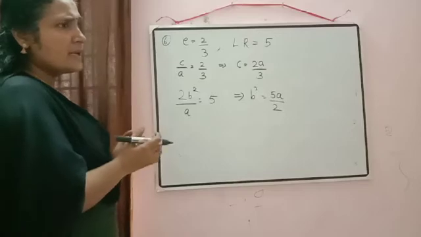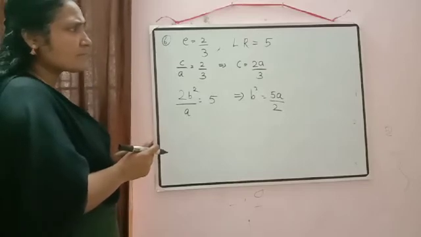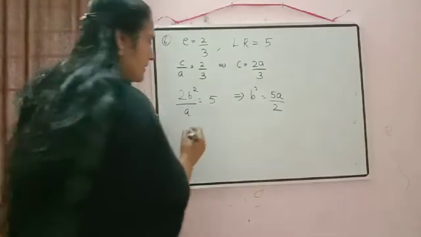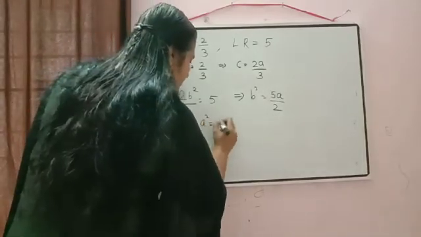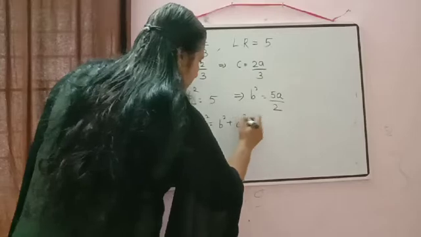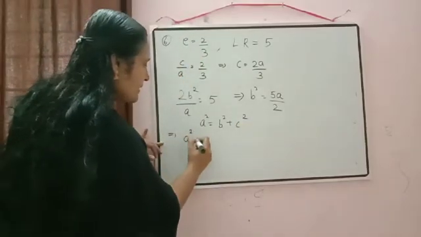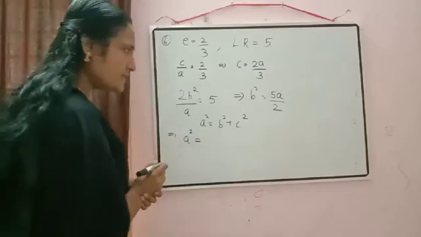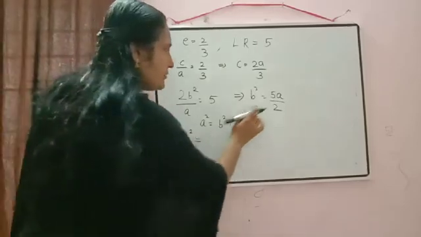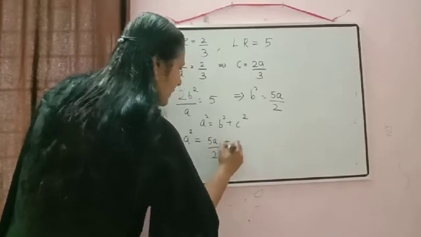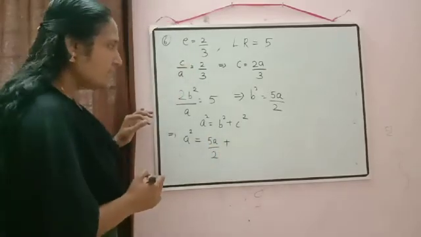Now what we will do? Yes, then next thing which we know, that is the relation between a, b and c, that is a square is equal to b square plus c square. A square, we don't know at present anything about a square, so written as it is. B square is equal to how much? Yes, b square is equal to 5a by 2. And what is c square?